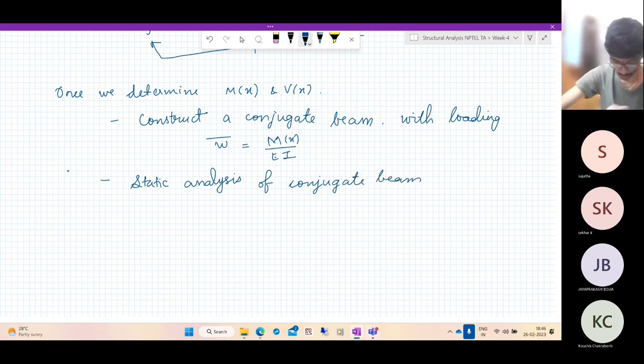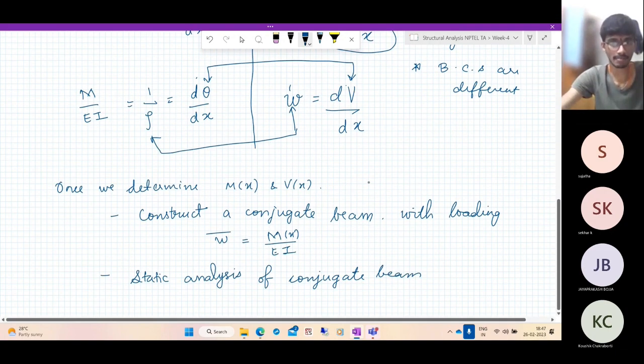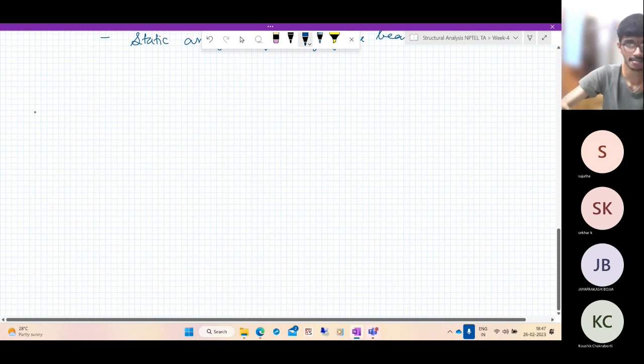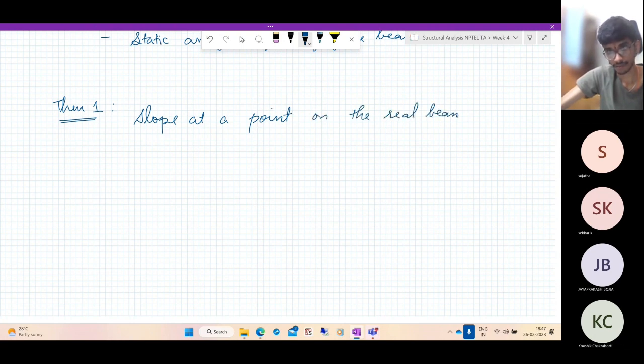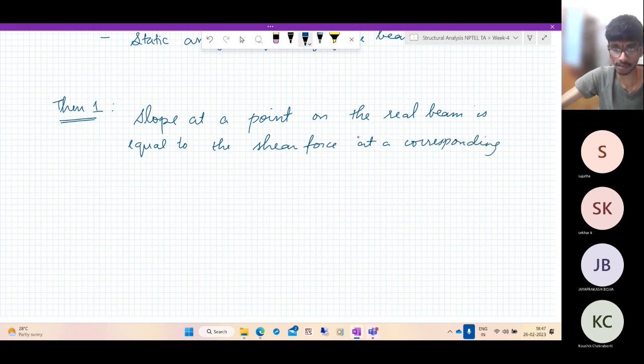From the mathematical similarity, what we get is, the first theorem: the slope at a point on the real beam is equal to the shear force at the corresponding point in the conjugate beam.